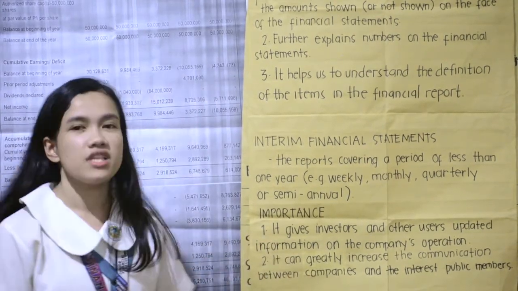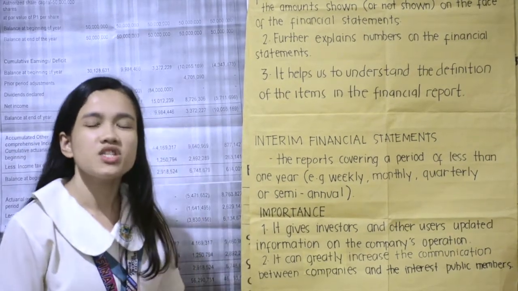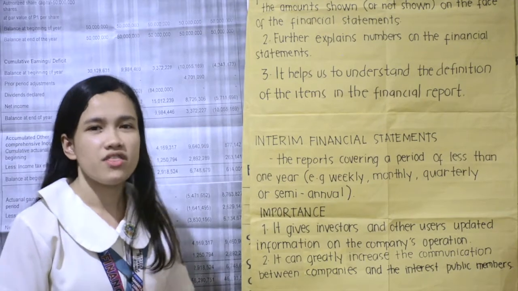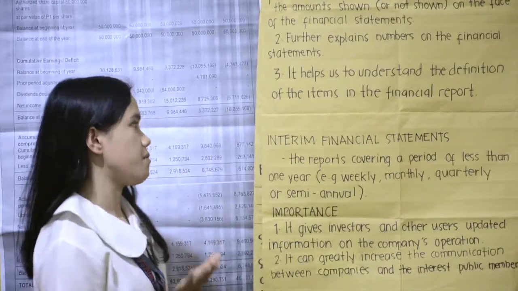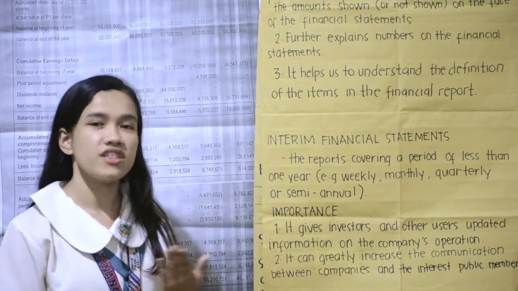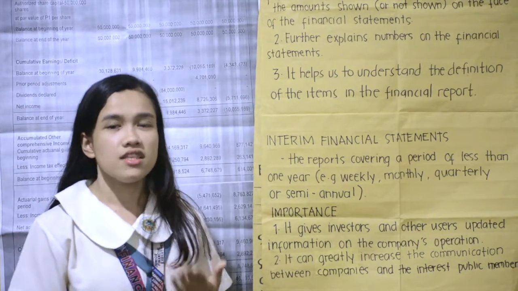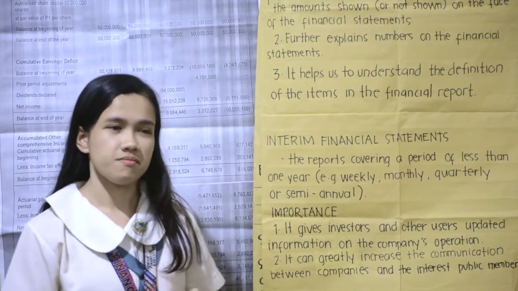Then, let us proceed to the last topic, which is the interim financial statements. As financial management students, we are recommended to conduct a 5-year financial plan. As we go along with our study, we will be needing the audited financial statements. However, there are times that these statements are not yet ready.